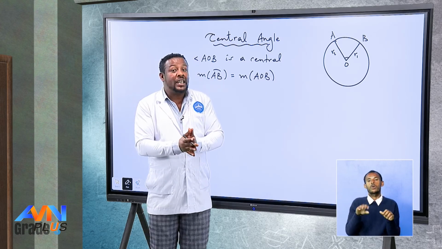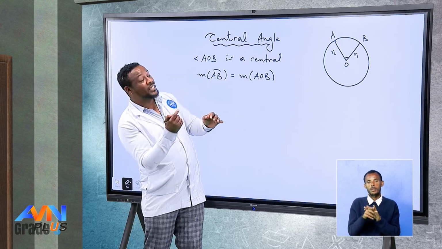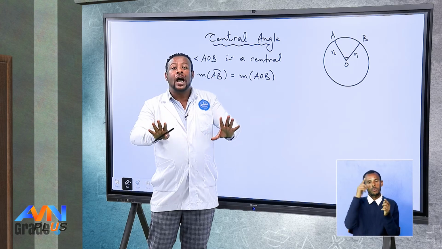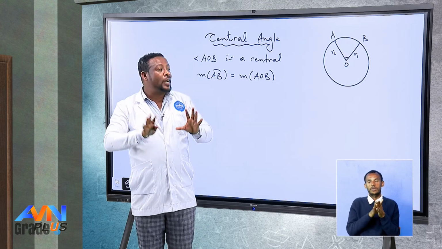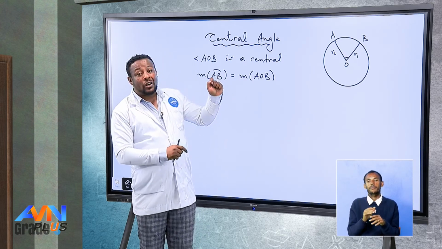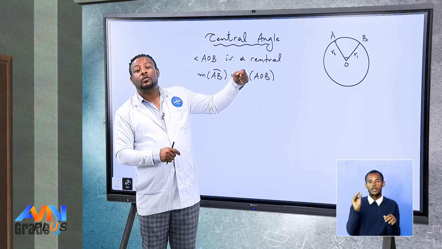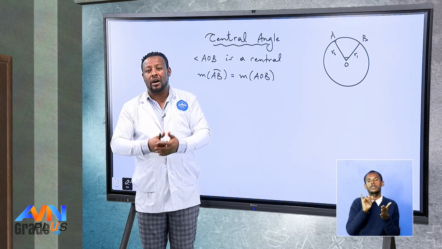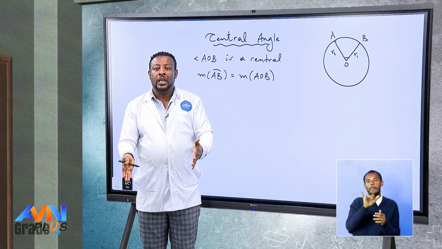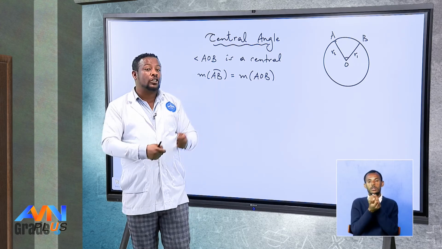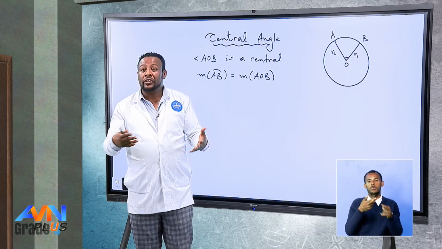We will see different examples regarding central angle issues, but for the time being, I need you to keep in mind that the degree measure of the central angle and the degree measure of the arc that subtends it are the same. This knowledge is very important whenever we solve problems related to central angle.